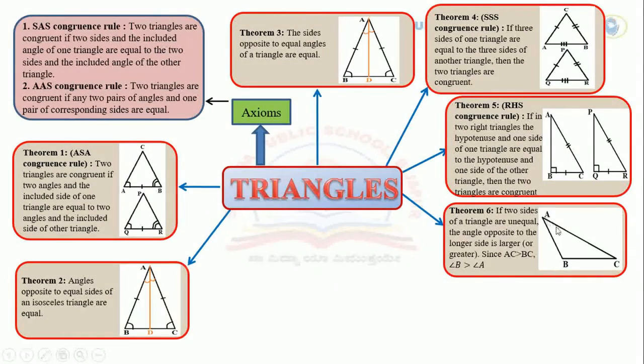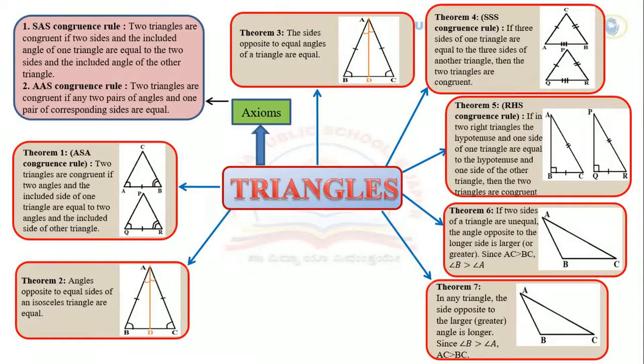So, the angle opposite to the side AC, that is angle B, is greater than the angle opposite to the side BC, that is angle A. Therefore, since AC is greater than BC, angle B is greater than angle A.